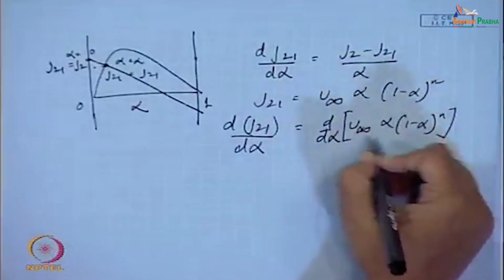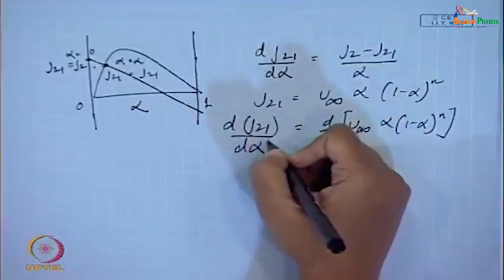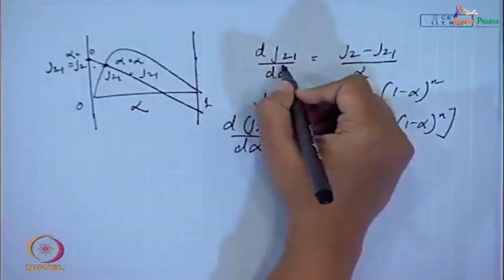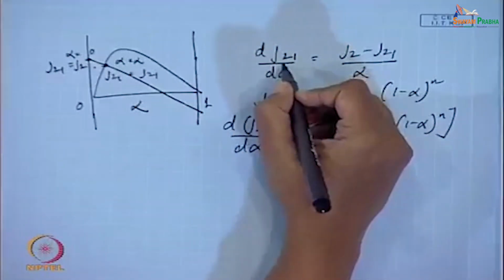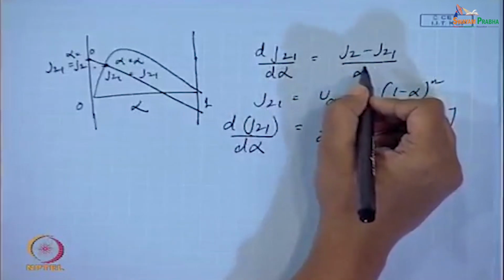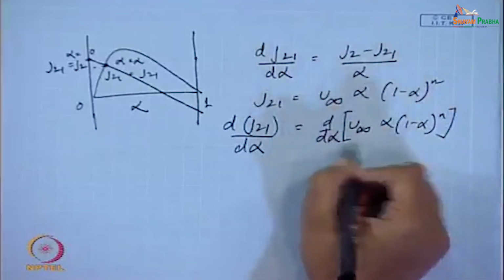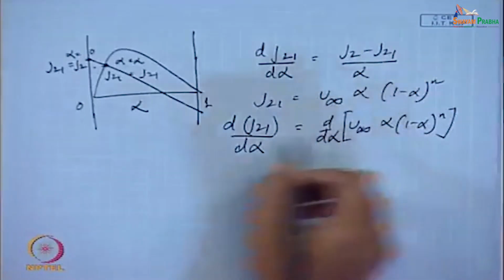If I differentiate this equation with respect to alpha, then I get the slope of this curve, and this slope I can substitute here, and then I can get an analytical expression relating J2 and J1 under conditions of flooding. So, if we perform this differentiation, what do we get?